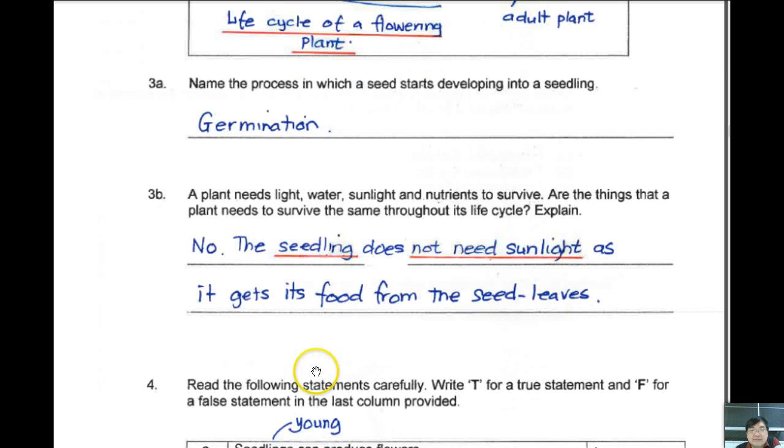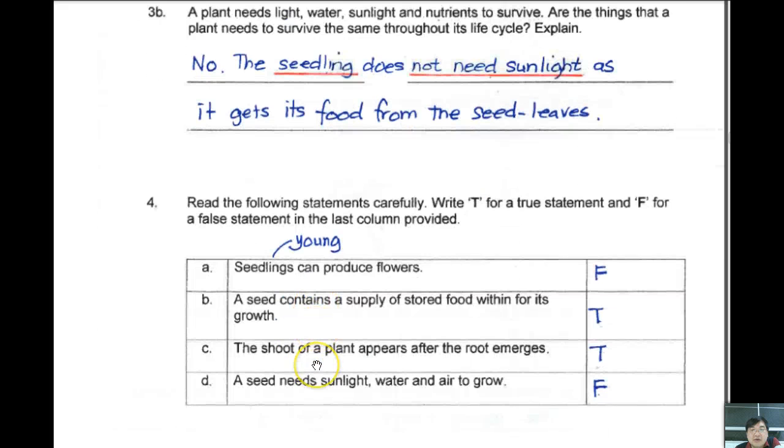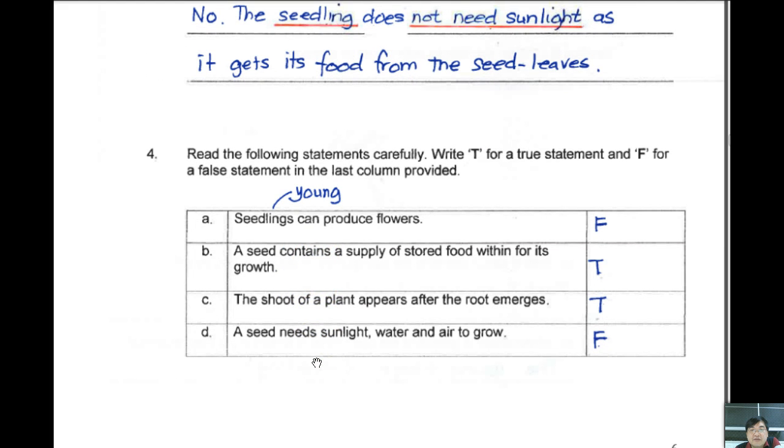Next, number 4. Read the following statements carefully. Write true or false in the last column provided here. Seedlings can produce flowers. No, it's false. Seedlings are young plants, only the adult plant can do it. Next, a seed contains a supply of stored food for its growth. True. That's where the seed leaves are, supplying food for germination.